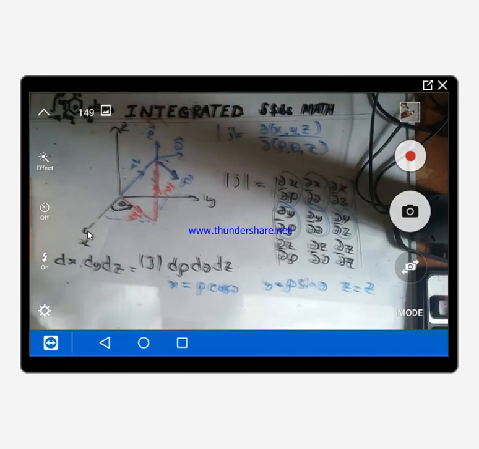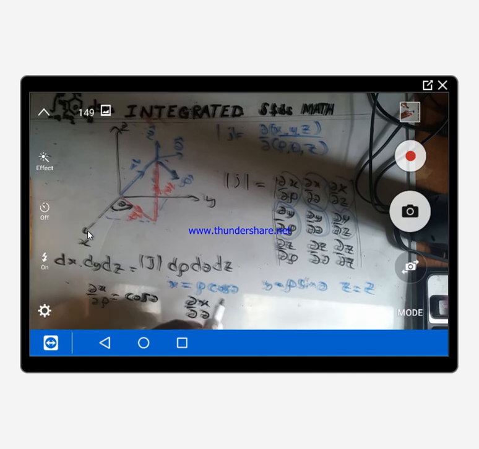First, partial x with respect to rho is equal to cos theta. Partial x with respect to theta is equal to minus rho sin theta.